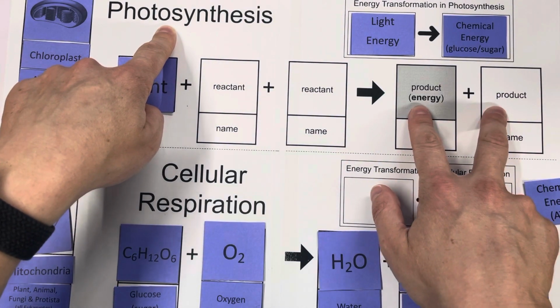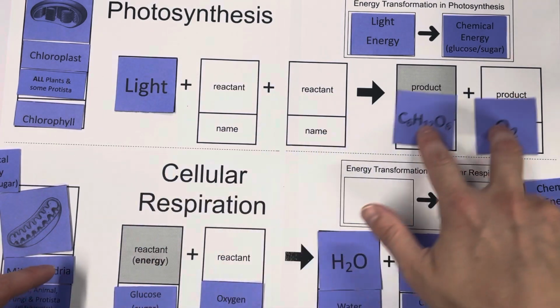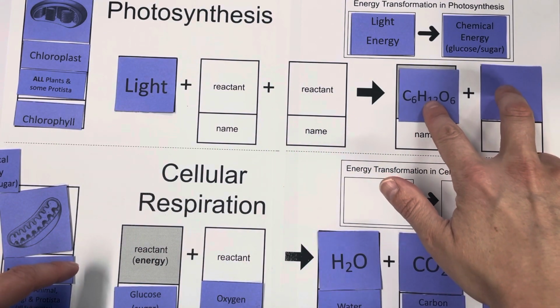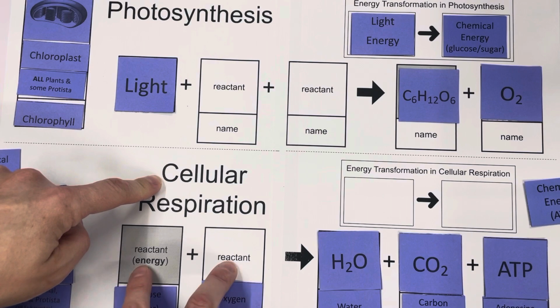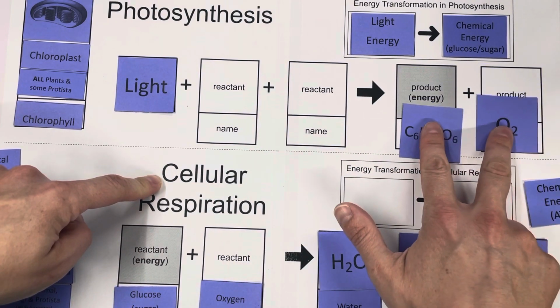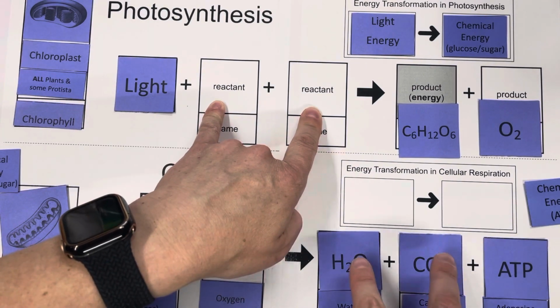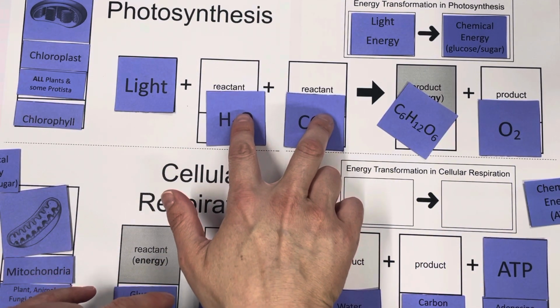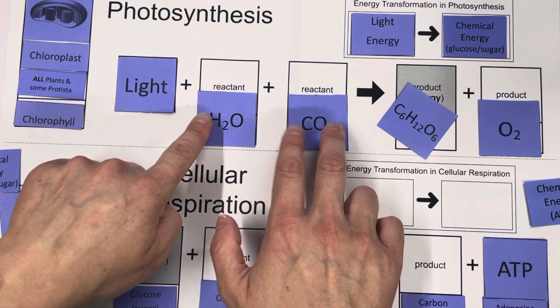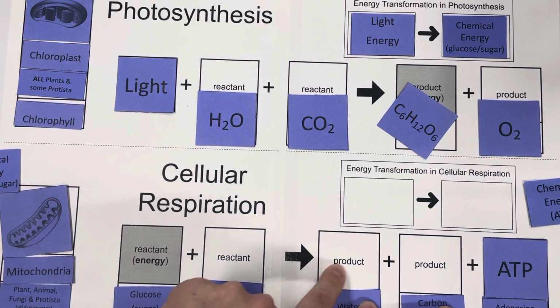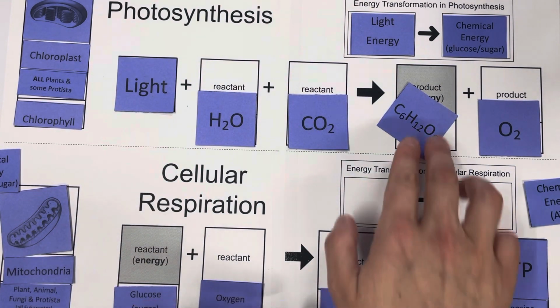Photosynthesis products, glucose and oxygen, are cellular respiration reactants. Whereas the photosynthesis reactants, water and carbon dioxide, are the products of cellular respiration, water and carbon dioxide.